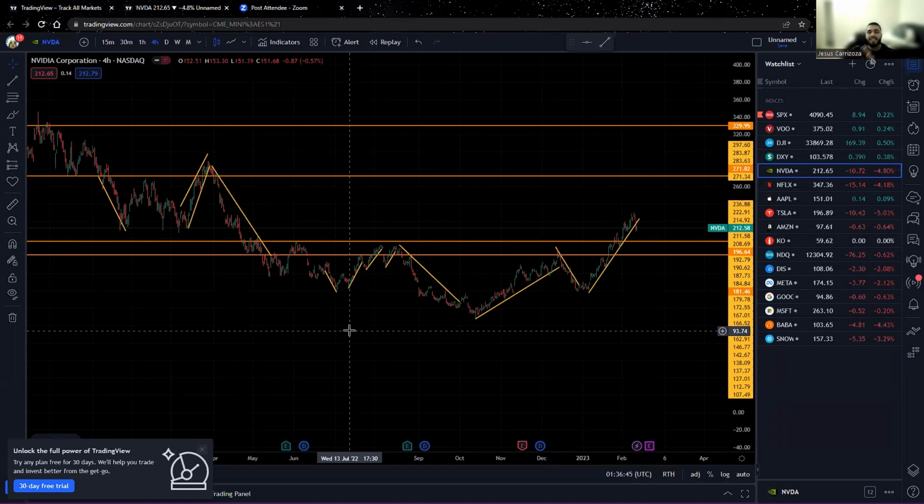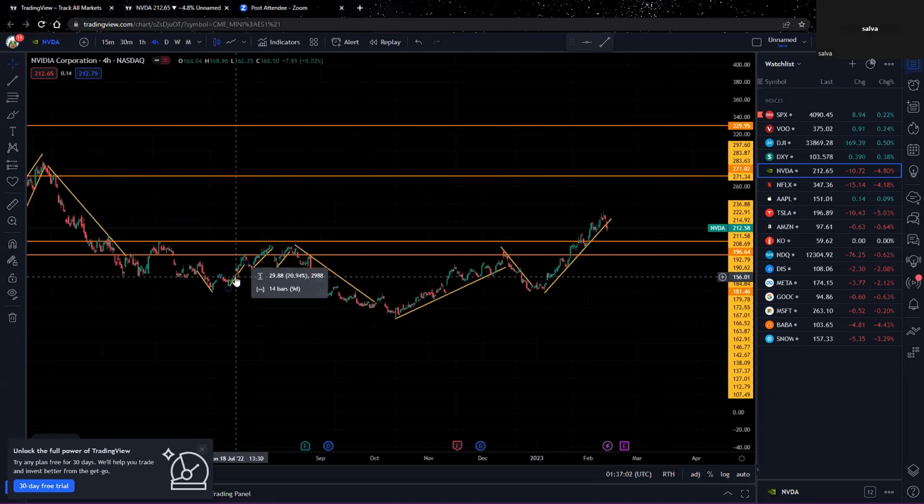This obviously doesn't apply to every chart, but if you're on a bigger time frame, 4 hour, daily, weekly, and monthly are the higher time frames. Anything under the 4 hour is a shorter time frame.